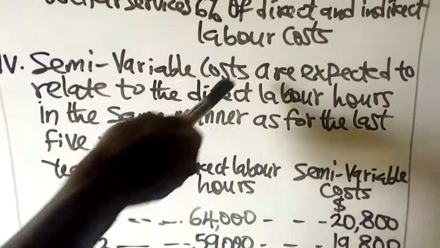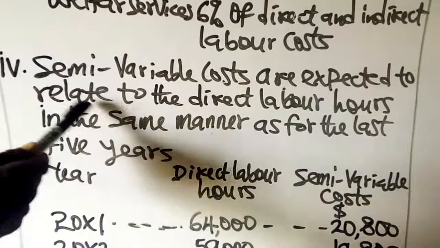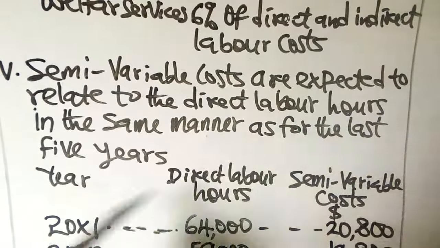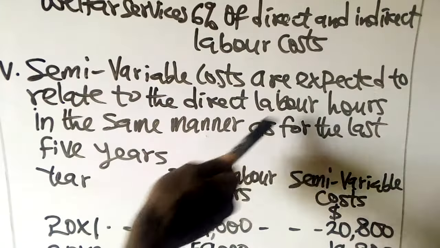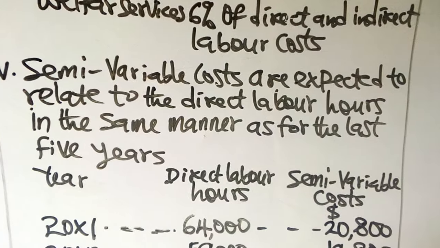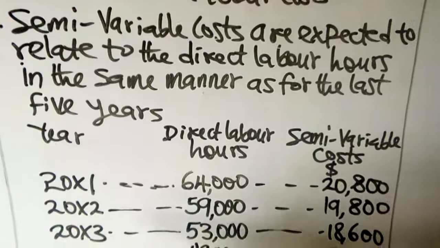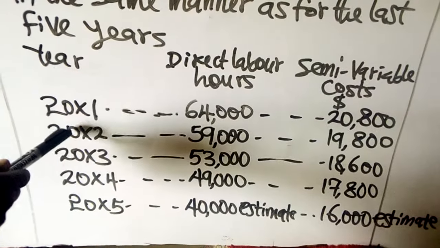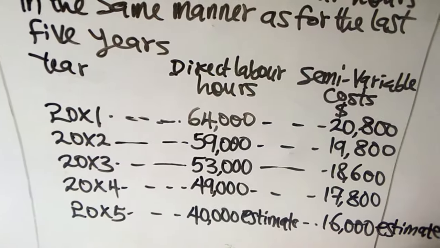Semi-variable costs are expected to relate to the direct labor hours in the same manner as for the last 5 years. Then we have for years 20x1 to 20x5.